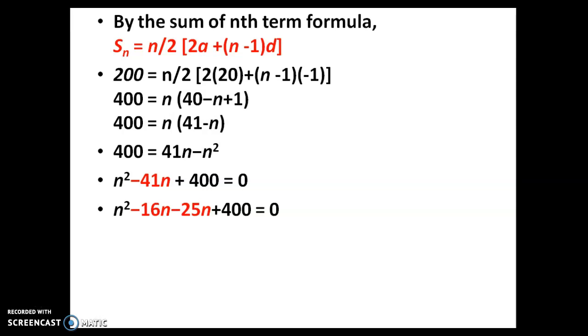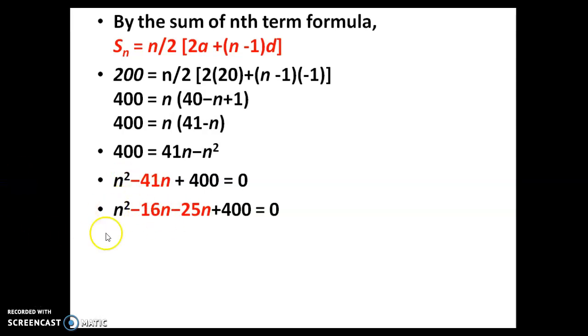Minus into minus gives plus, and 16 into 25 is 400. If we add these two numbers, we should get the middle term: minus 16 and minus 25 give minus 41. This is how we do the splitting of middle terms.